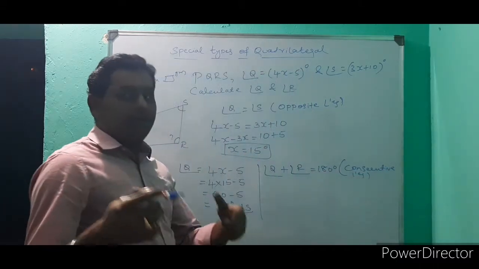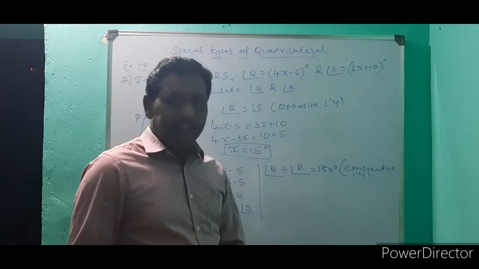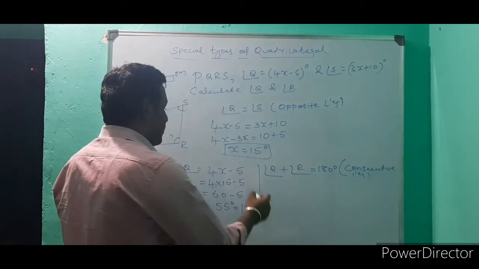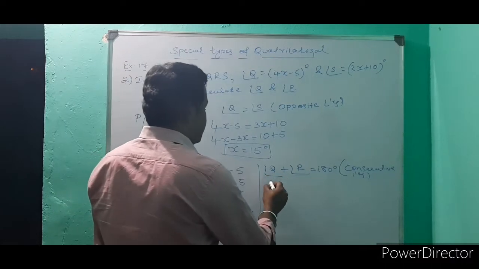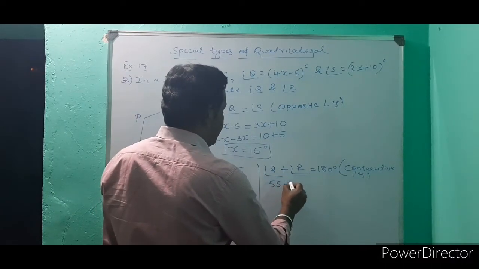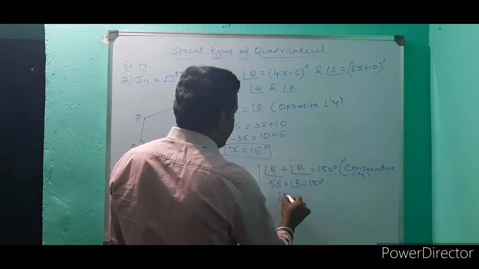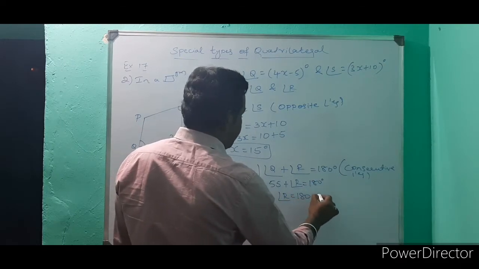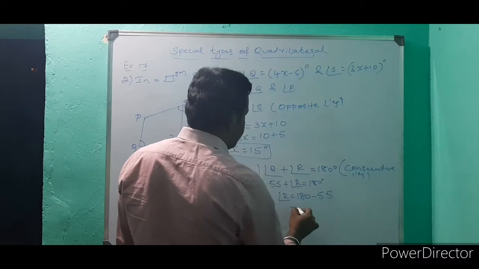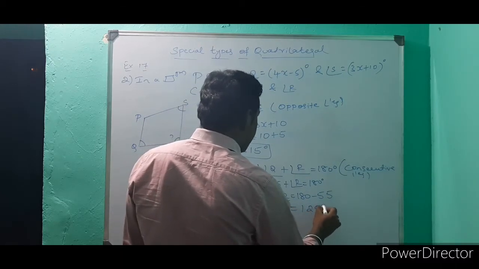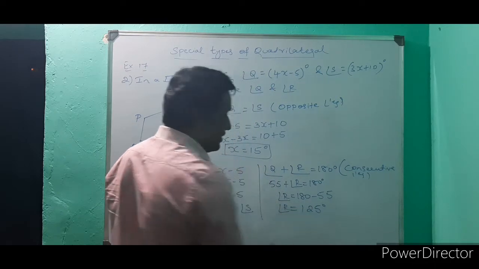In a parallelogram, if you add consecutive angles, the sum must be 180 degrees. That is one of the properties of a parallelogram. So angle Q is 55 plus R is equal to 180. Angle R is equal to 180 minus 55, that is 125 degrees.